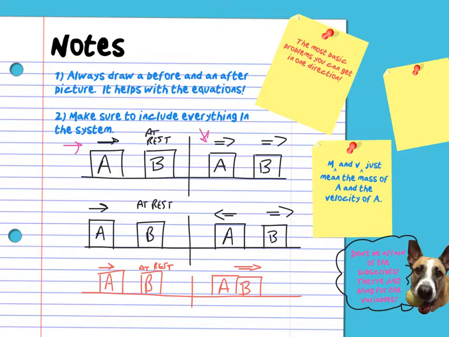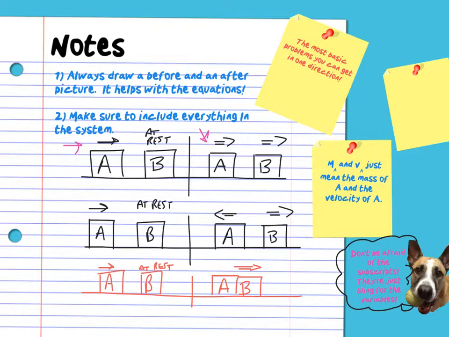Now, when we are considering conservation of momentum, the momentum of a system is, for example here, the momentum of A plus the momentum of B. That's the momentum before the collision, and the momentum of A plus the momentum of B after the collision is equal to the momentum before the collision.